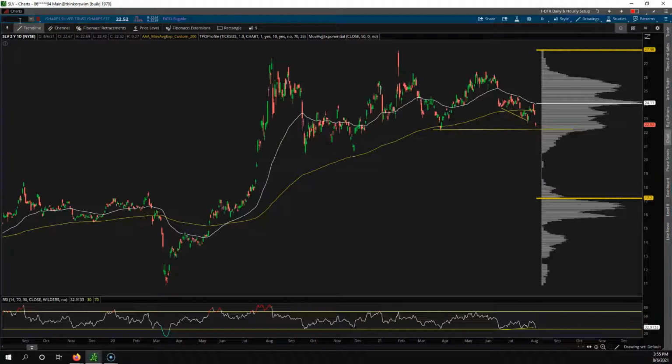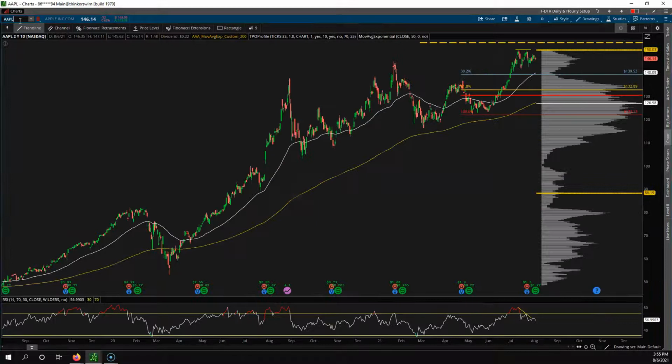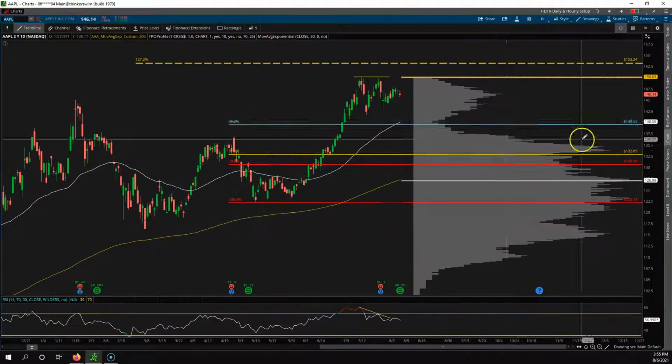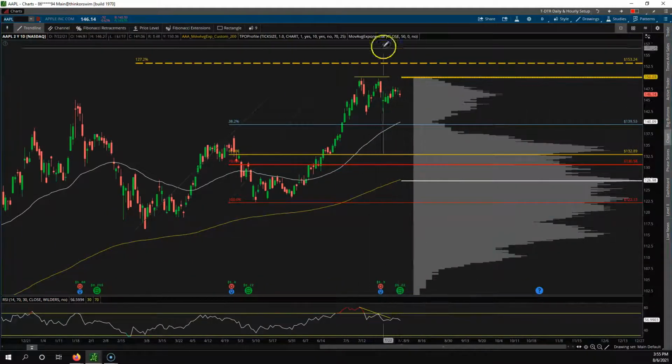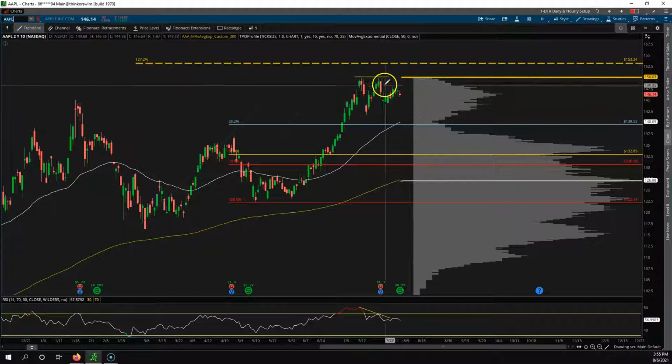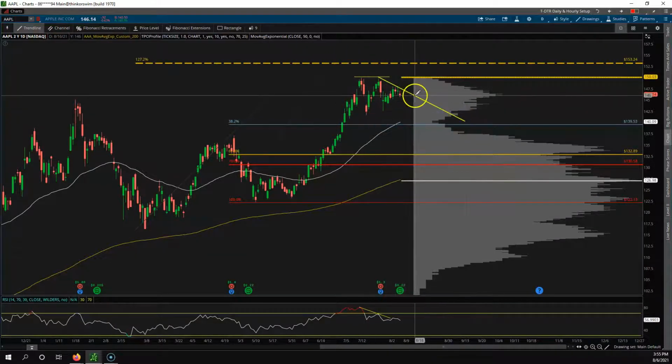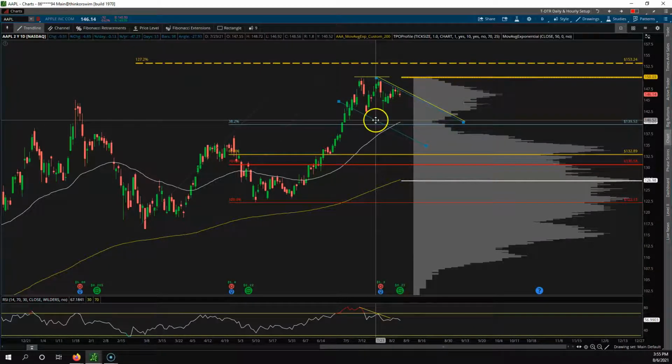With that being said, let's take a look at Apple. Apple's having problems again. Remember NASDAQ, kind of that divergence I told you guys about, and it's just really struggling. Maybe draw a trend line here, bull flag potentially. We might need a little time for this to work out.